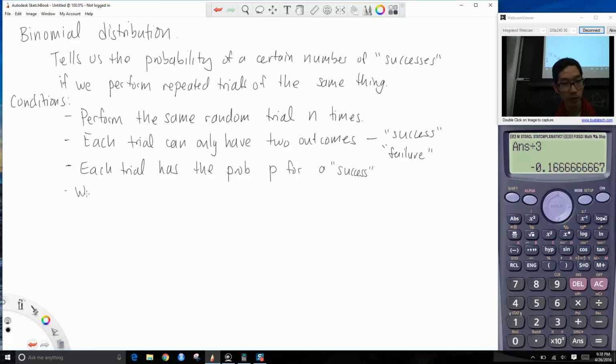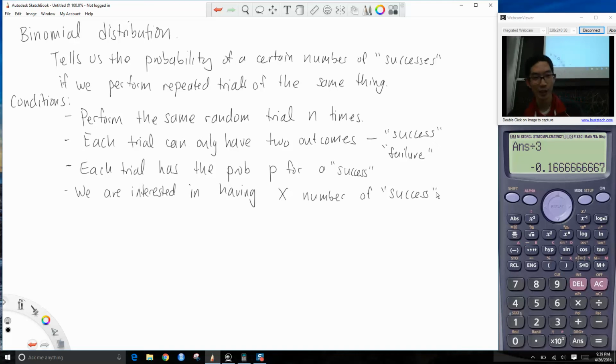And we are interested in having X number of successes, of quote-unquote success. And again, the label success might not necessarily be the appropriate label to use, okay?